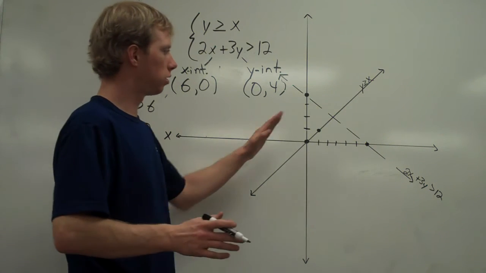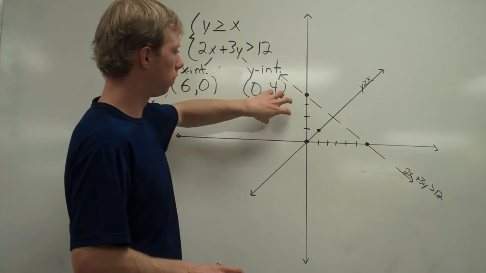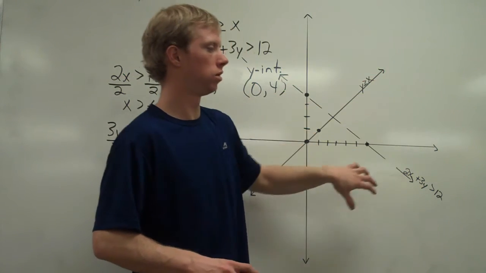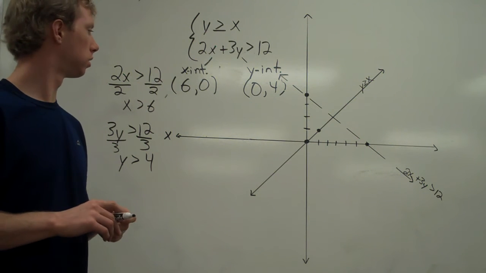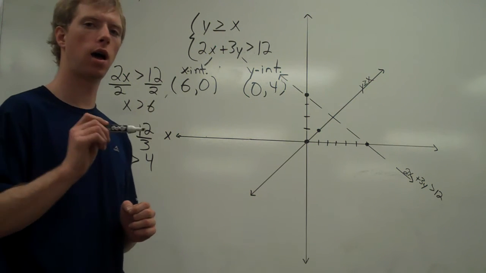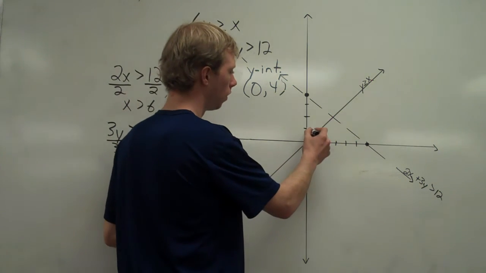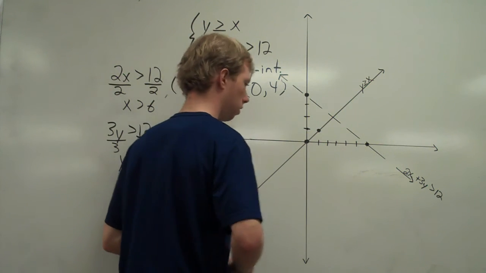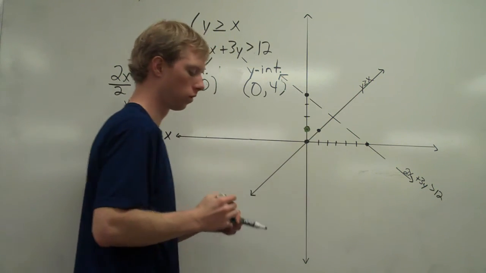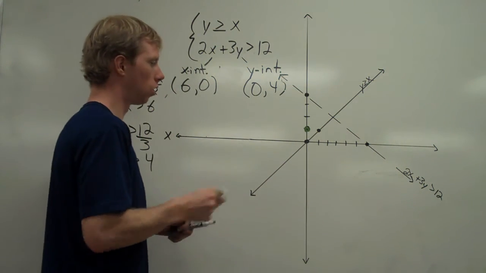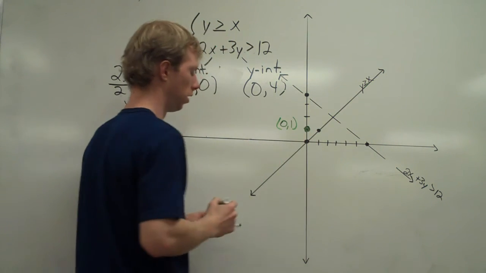Now, instead of just dividing my coordinate plane into two sections like one line would, I divided it into 4 sections. I still only need to test one point, but I need to make sure it is not on either line. Well, as I look at my graph, I say this point right here is not on either line, and the coordinates are (0, 1).